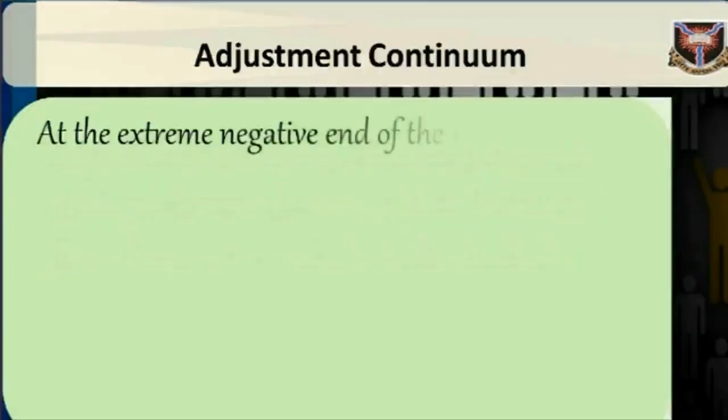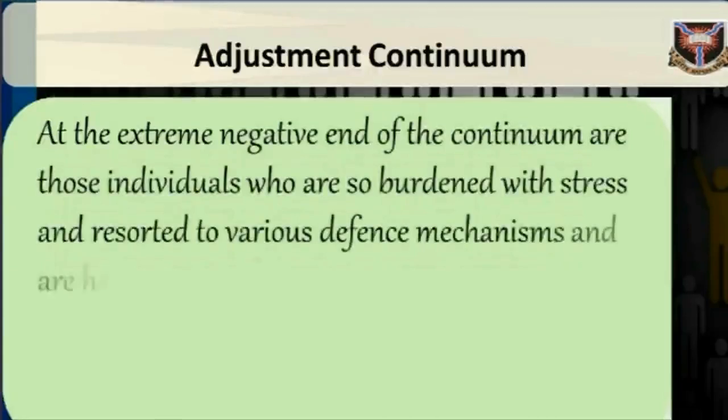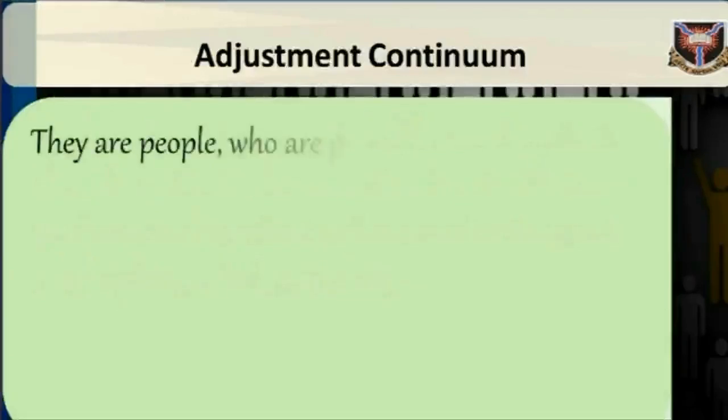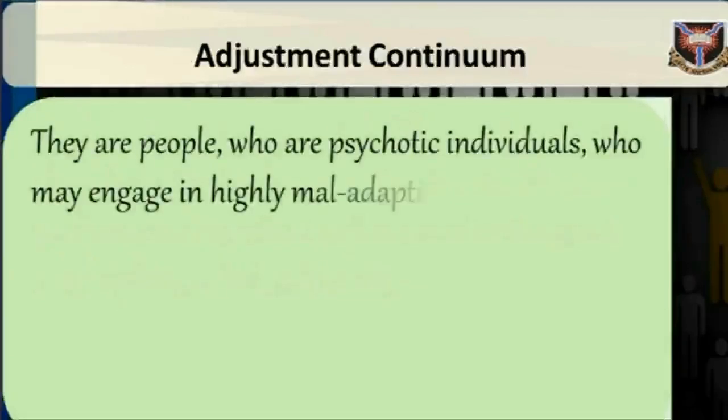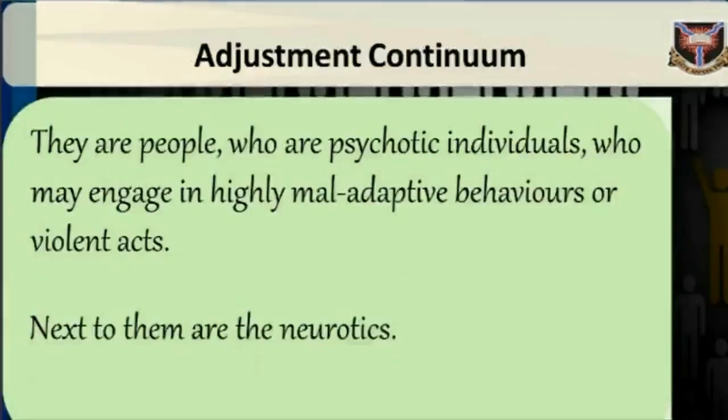At the extreme negative end of the continuum are those individuals who are so burdened with stress and resort to various defense mechanisms, for example, denial, displacement, apathy, etc., and are helpless to deal with reality. They are psychotic individuals who may engage in highly maladaptive behaviors or violent acts.